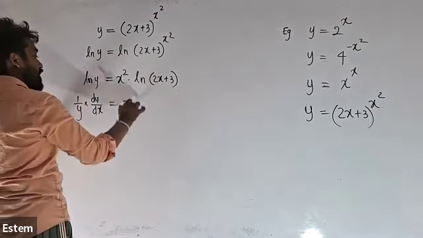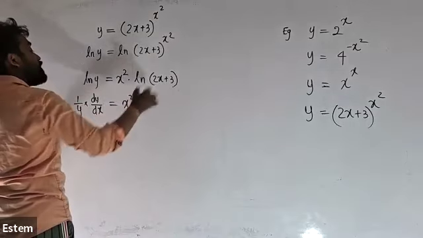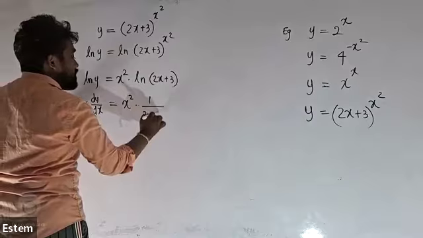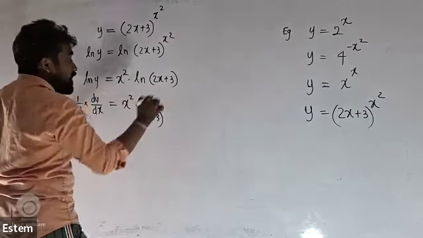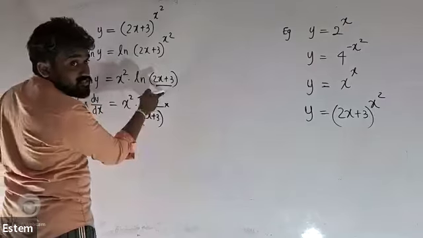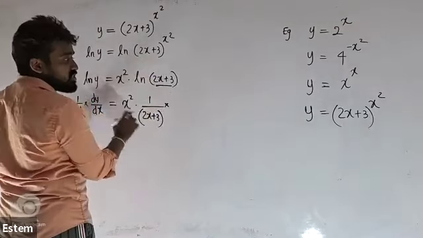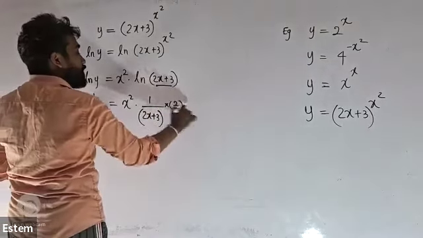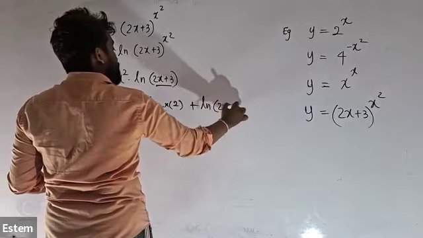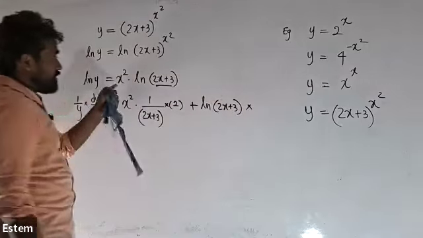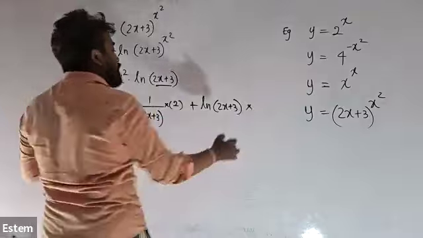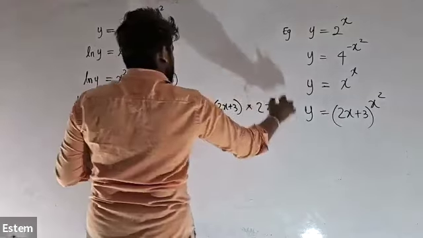Pick up x squared and differentiate ln of 2x plus 3. It is 1 over 2x plus 3, but don't forget the inner function. The differentiation of 2x plus 3 is just 2, plus, now pick ln of 2x plus 3 and differentiate x squared, which is 2x.